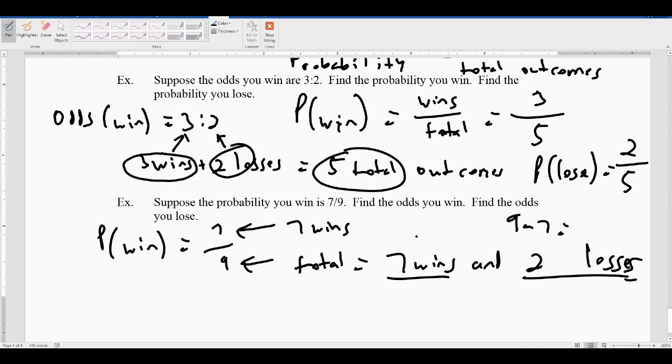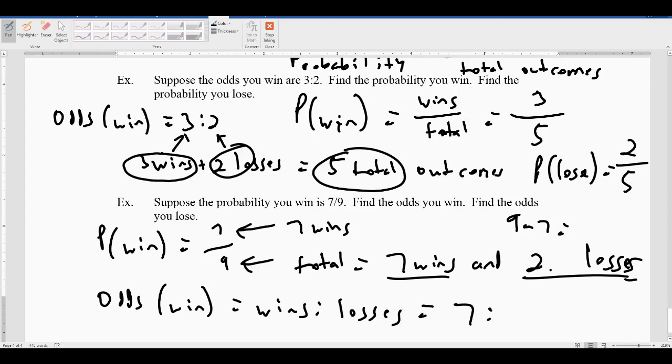So the question is find the odds you win. Remember, I'm using colons for the odds. So it's going to be wins to losses. So how many wins are there? 7. How many losses? 2.